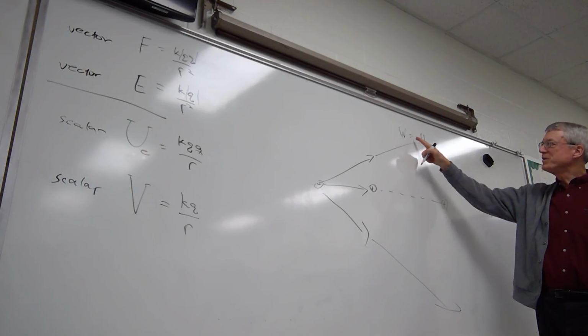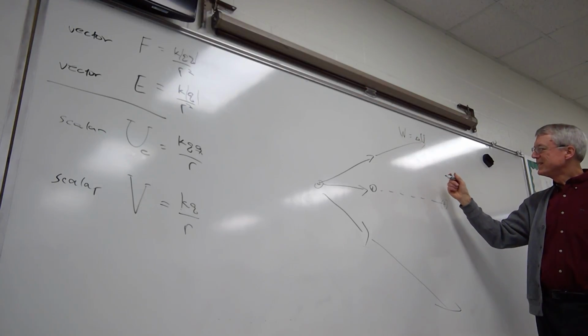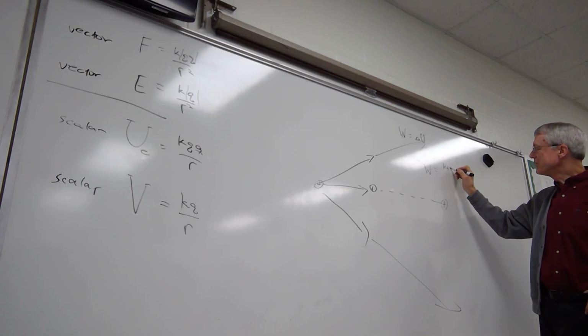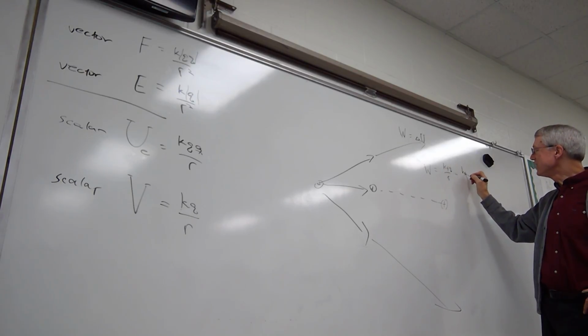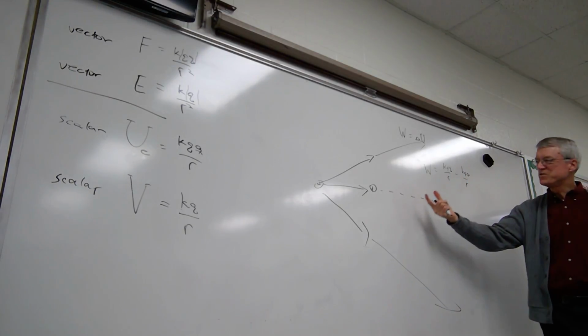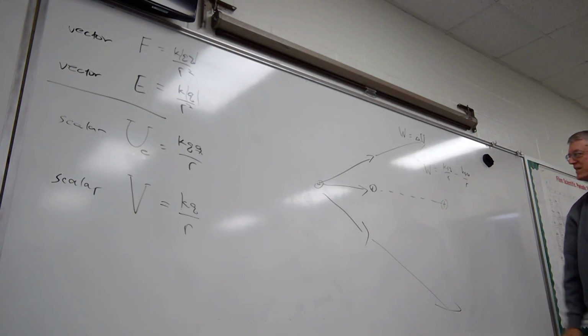Well, W is equal to the change in potential energy. And the change in potential energy would be simply kQ over r minus kQ over r, right? So that's the potential energy here and that's the potential energy there.